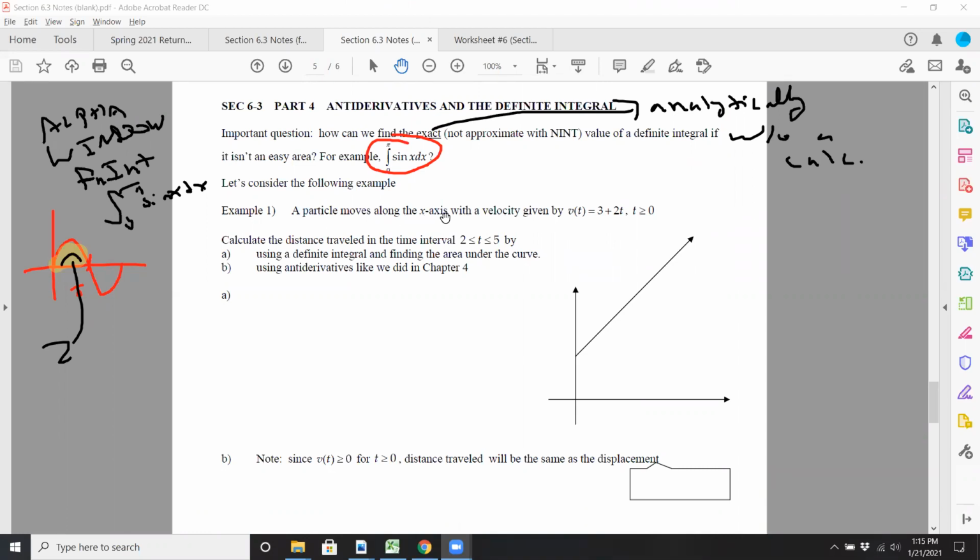A particle moves along the x-axis with velocity 3 plus 2t. So what you're going to do is graph this. This is 3. T is greater than or equal to 0. And let's calculate the distance traveled from 2 to 5. So 1, 2, 3, 4, 5.